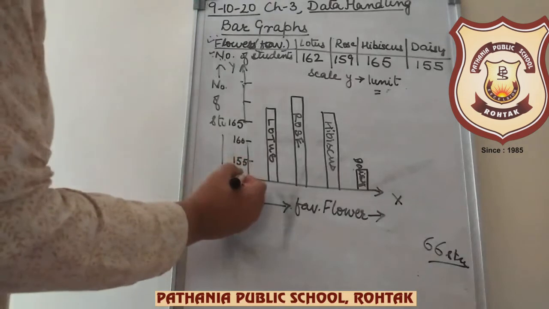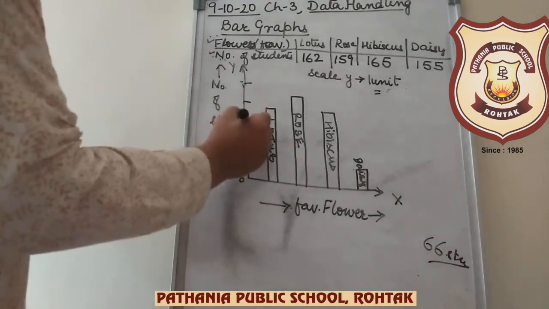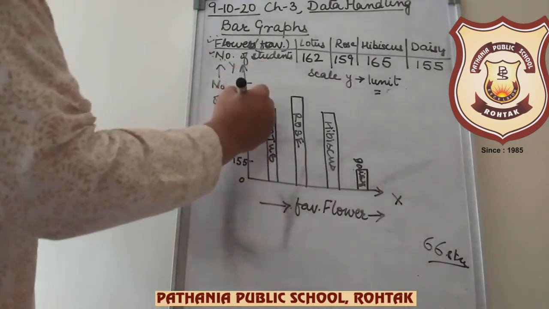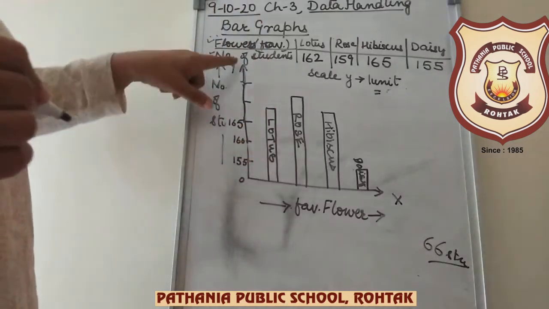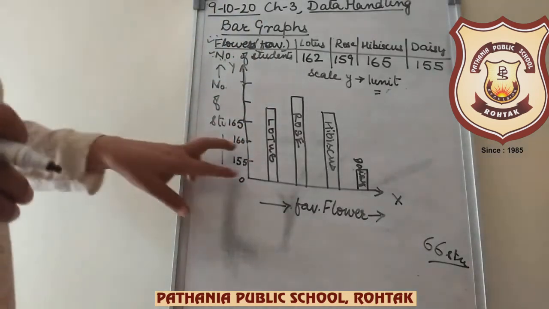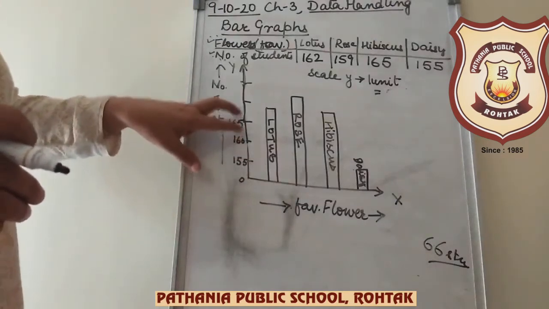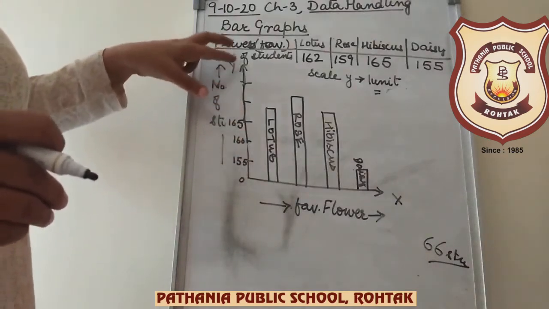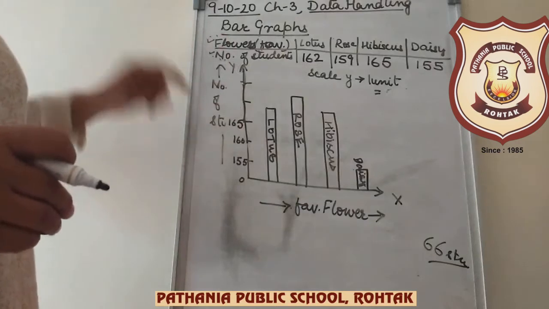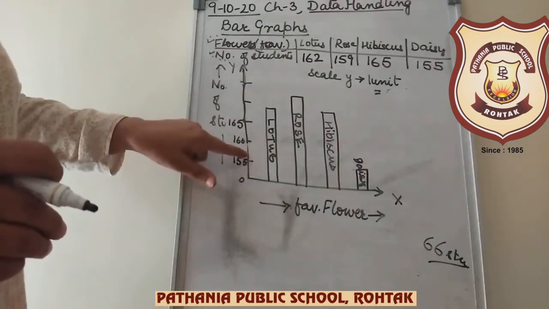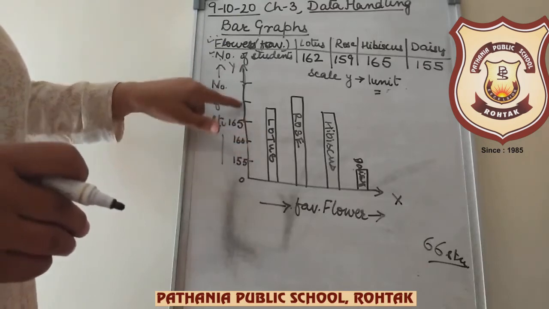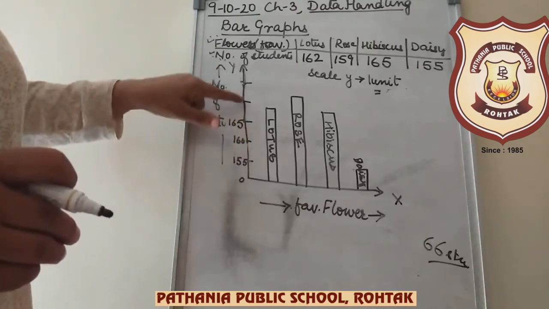Now, on this y-axis where you are taking the numbers, the gap always has to be the same. This gap measure is always the same, but here the gap is 155 and here it is a gap of 5 each.